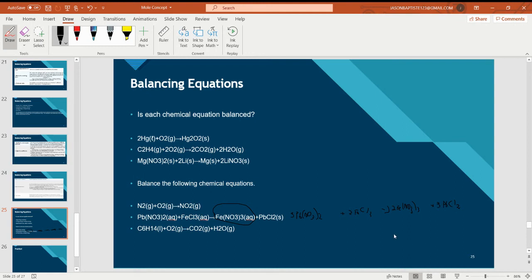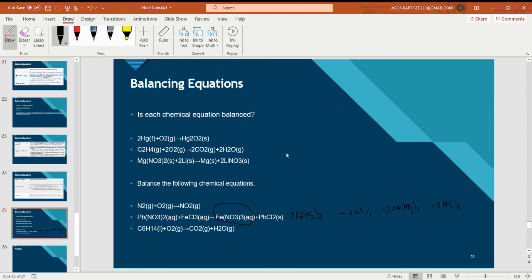And now the equation is balanced. We have 3 lead, 3 lead, 3 by 2 is 6 chlorine, 2 by 3 is 6 chlorine. Right? So that's balanced. We have 3 nitrates, 3 by 2 is 6 nitrates, 2 by 3, 6 nitrates, that's balanced. And now we have iron. We have 2 irons, 2 irons. This equation is now balanced.